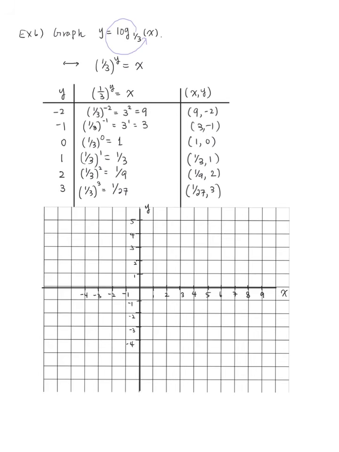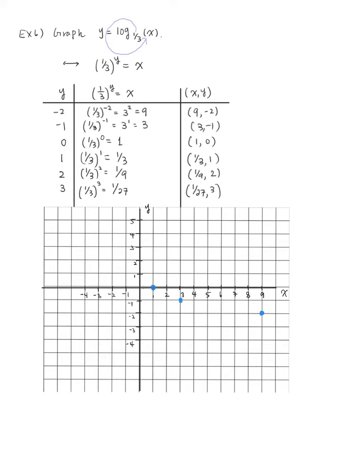All right, let's plot some points. So let's go with the first ordered pair. When x is 9, y is -2, and (3, -1), and then (1, 0), and then the next one is when x is 1/3, the y value is 1.